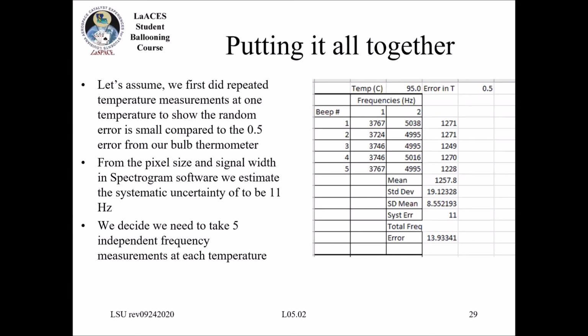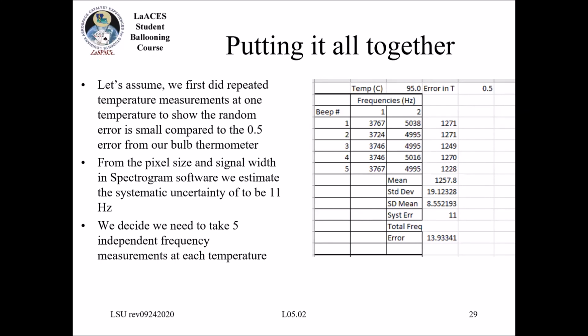So you can make the argument that I only need to make one temperature measurement for each data point, because repeated temperature measurements are not telling me anything further. I'm just going to get the same number, and the error is going to be 0.5 because I'm using a bulb thermometer.